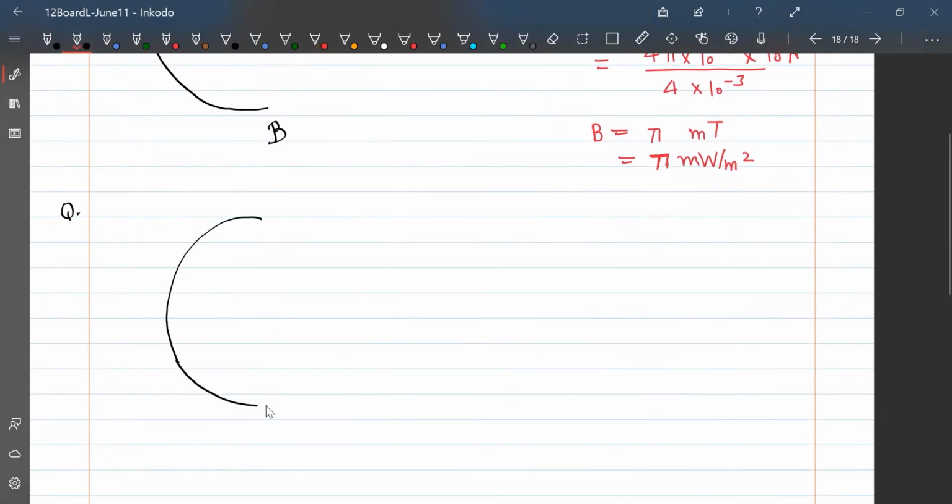Next question, let us say it is like this. These two are semicircles and current here is 10 ampere. This smaller radius is, call it 1 millimeter, and this bigger is 2 millimeter.